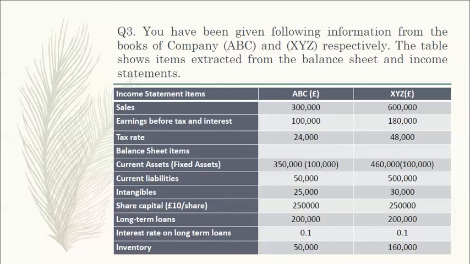And the last item in the balance sheet, inventory, 50,000 for company ABC and 160,000 for company XYZ. So from the balance sheet we get current assets, current liabilities, intangibles, share capital, long-term loans, interest rate on long-term loans, and inventory. And for the income statement we get sales, earnings before tax and interest, and tax.